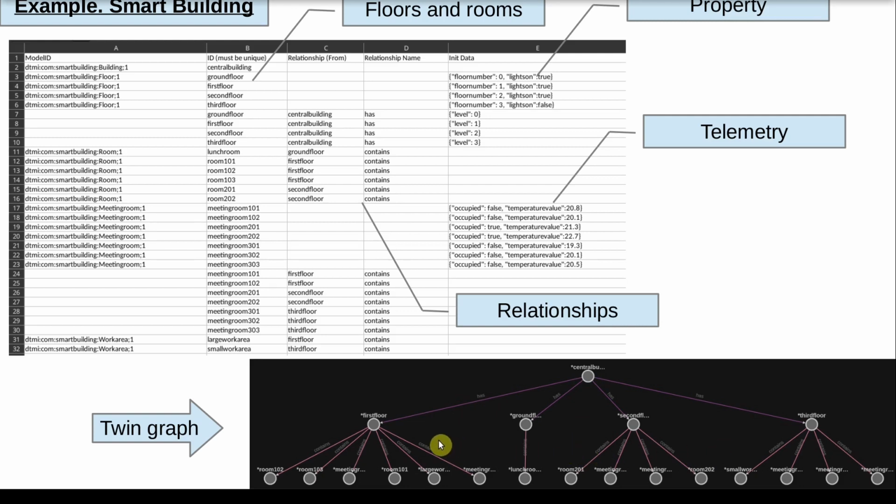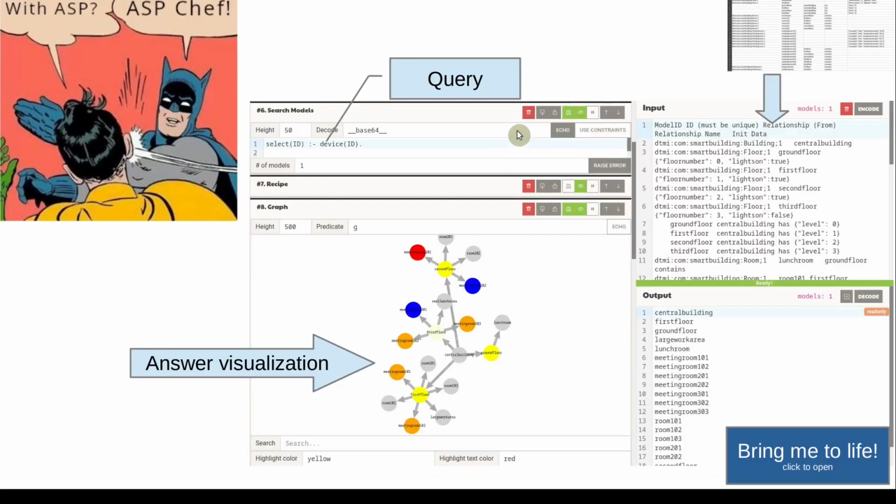Each floor has a few rooms, and the rooms can be equipped or not with sensors to derive the temperature value, or maybe the fact that the room is occupied or free, the fact that the light in a floor is on or off, and so on and so on. Now, this stuff can be queried with ASP Chef.